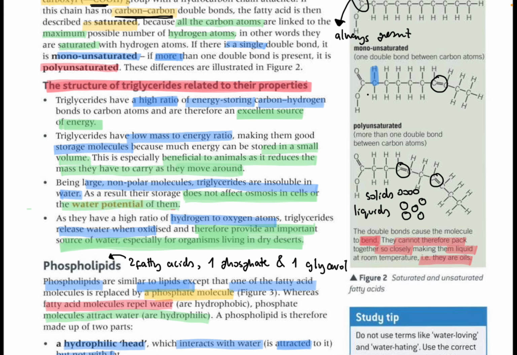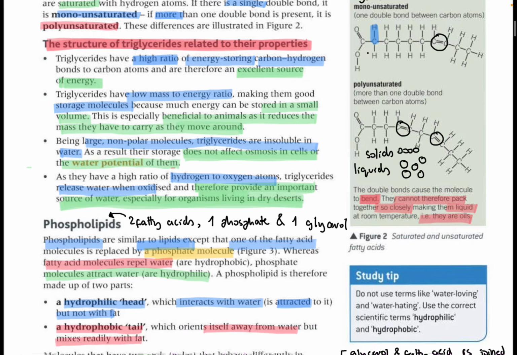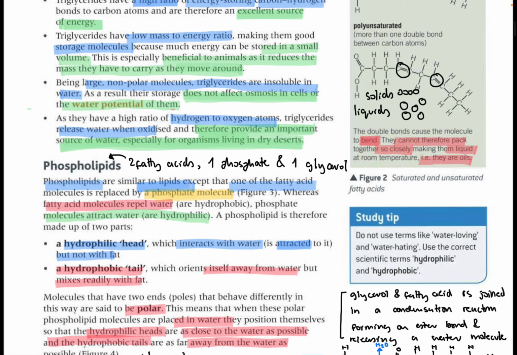Being large non-polar molecules, they are insoluble, they don't affect the osmotic gradient of cells, and they release water upon oxidation. Therefore, they are an important source of water for living organisms, specifically in dry, arid environments.